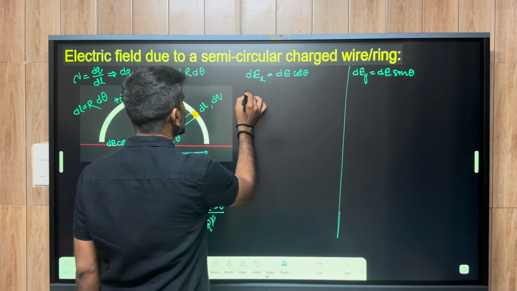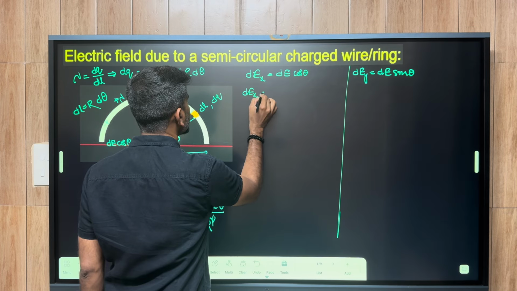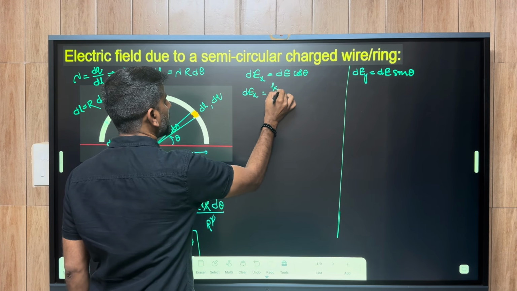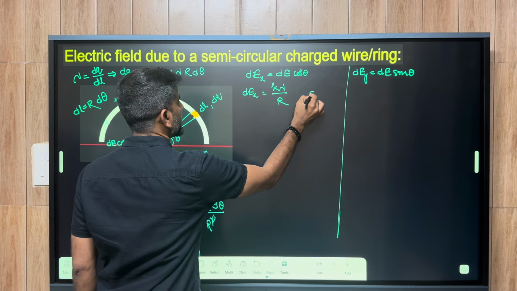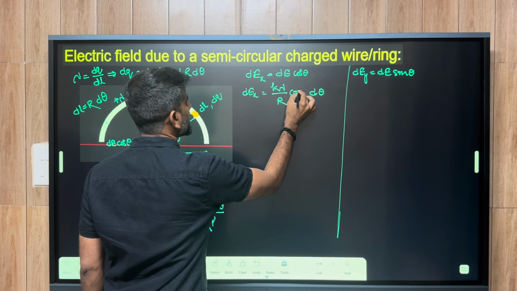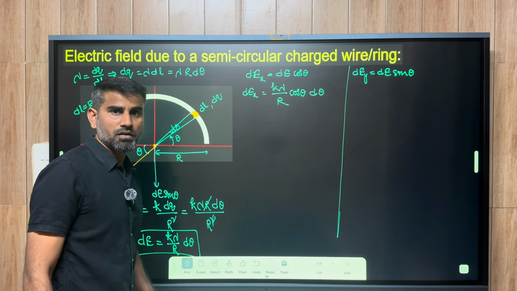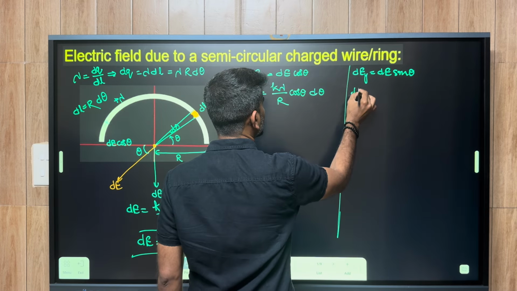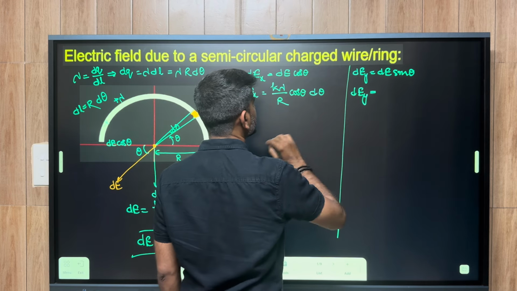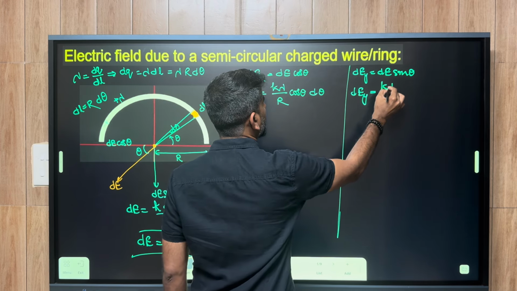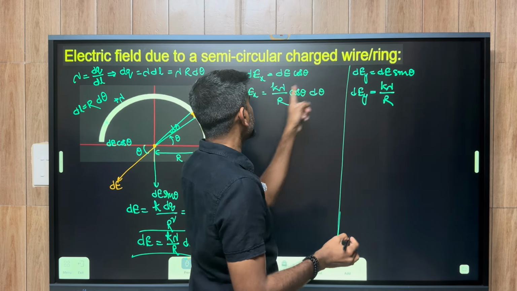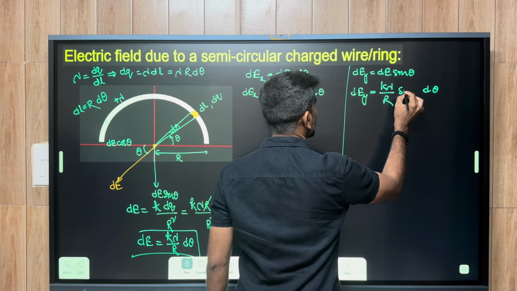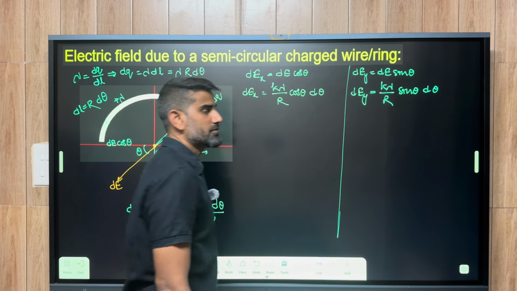So dEx is equal to, what is dE here? k lambda by r d theta, and we have cos theta here. Am I making everything clear here? Now the same step goes with sin theta: dEy is k lambda by r d theta times sin theta.